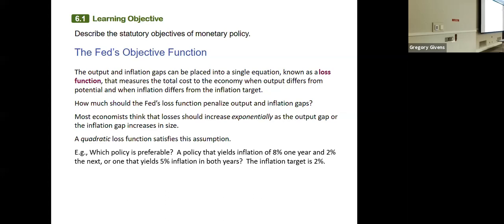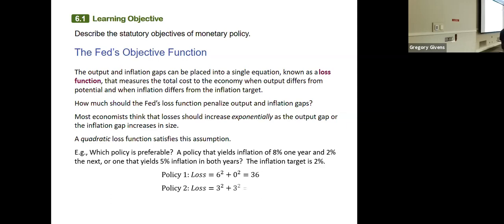Remember, it's the inflation gap squared over the 2 years, right? So it would be what? 8% minus the 2% target is 6 percentage points squared, plus in year 2, inflation is 2%. So 2 minus the target is 0. So loss under policy 1 is 6 squared plus 0 squared, which is 36, right?